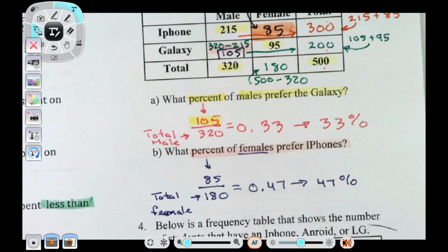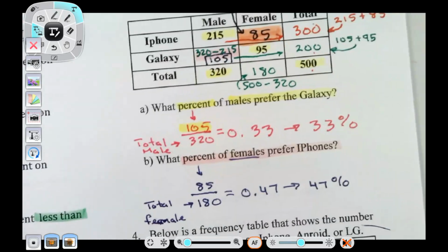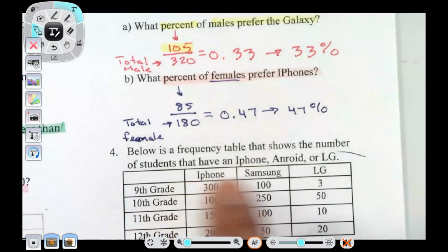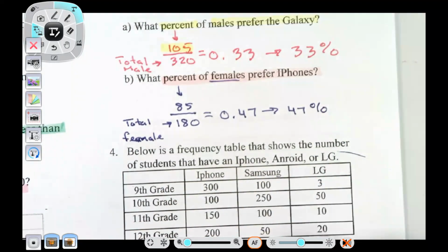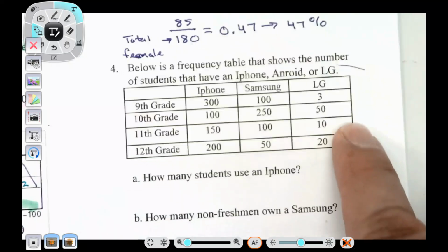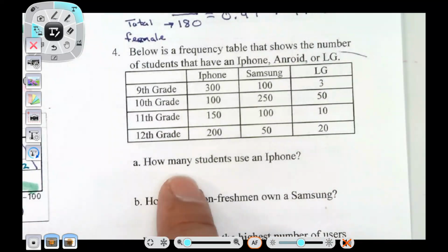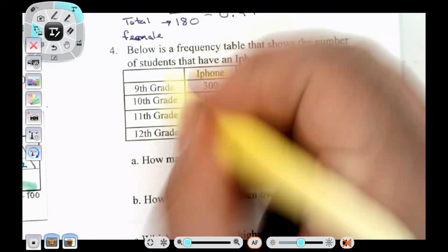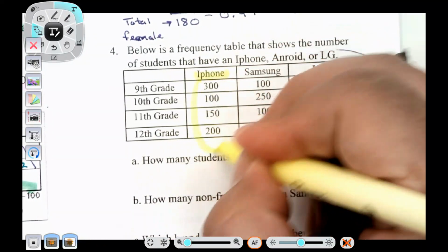All right, moving on to number 4. So for number 4, it says we have a frequency table that shows the number of students that have an iPhone, Android, and an LG phone. All right. Now, it's already filled out for us, so we don't have to do that work. But it says, how many students use an iPhone? Well, here's an iPhone, and they didn't say which grade, so that means all of them.